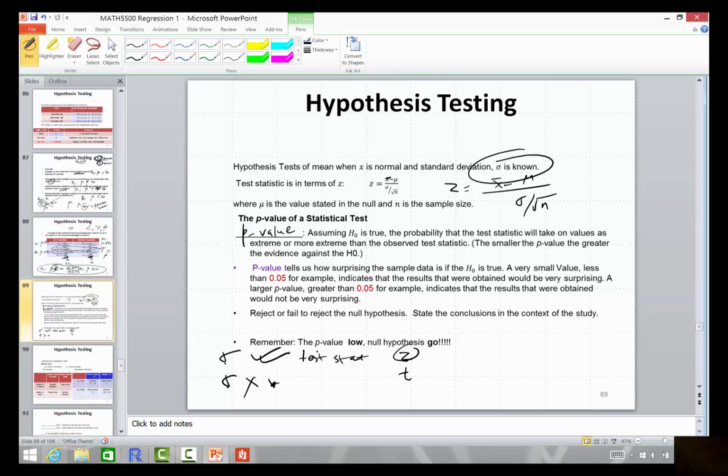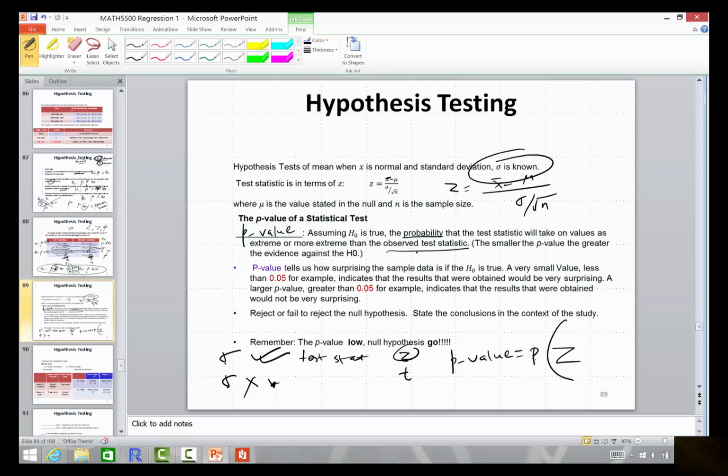Then the p-value means the probability that the test statistic G will take on values as extreme or more extreme than the observed test statistic.